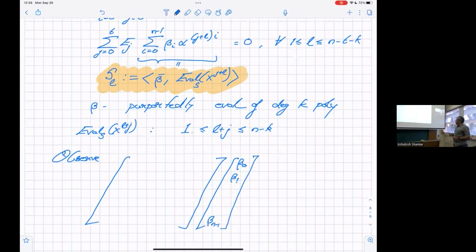Over here I'm putting the evaluations of the degree 1 polynomial with 1, alpha, alpha square, all the way up to alpha power q minus 2. This is the degree 2 polynomial. So, 1.